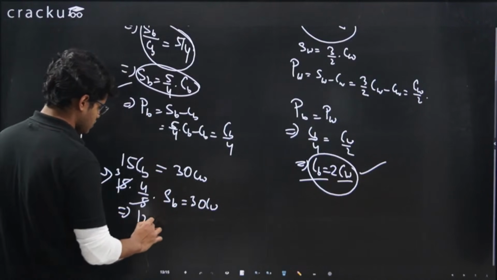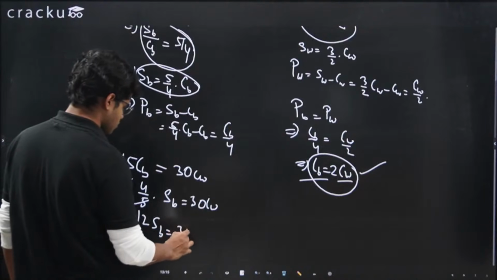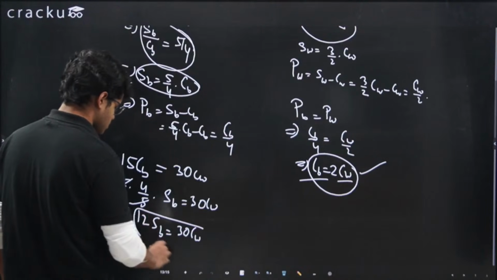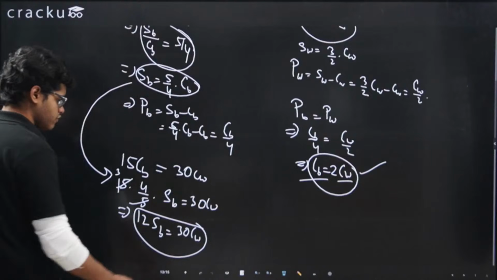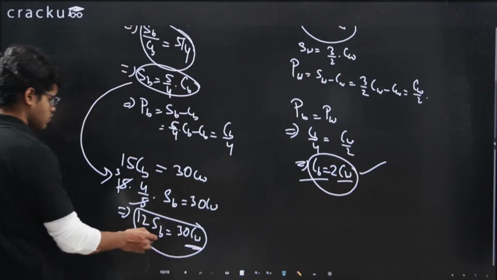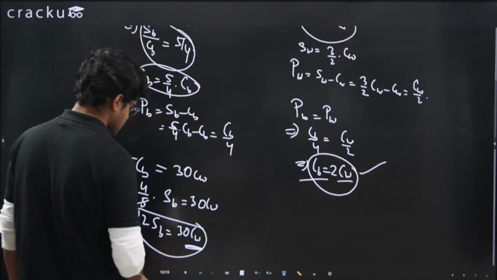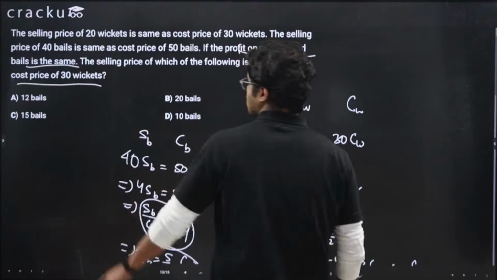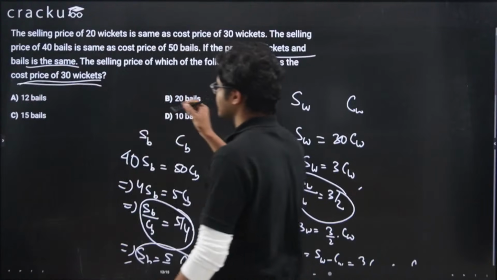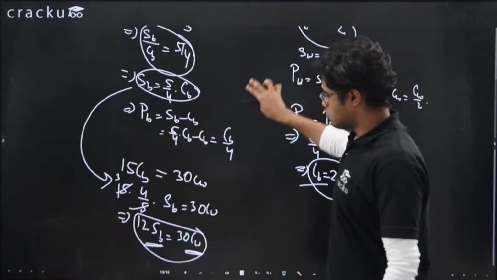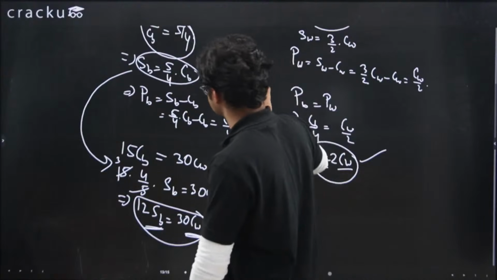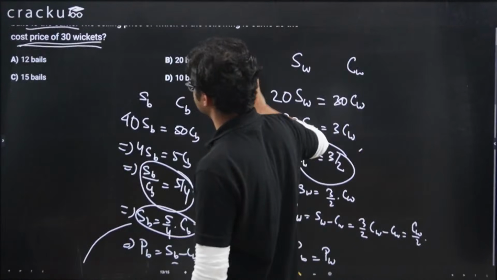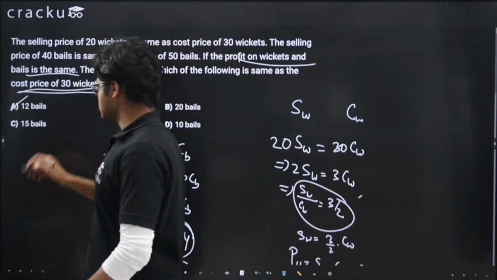Which means from here I am getting 12 SB equals 30 CW. So cost price of 30 wickets is equal to selling price of 12 bales. So the correct answer is option A, 12 bales. This is the correct answer.